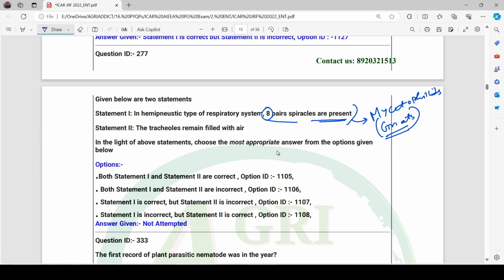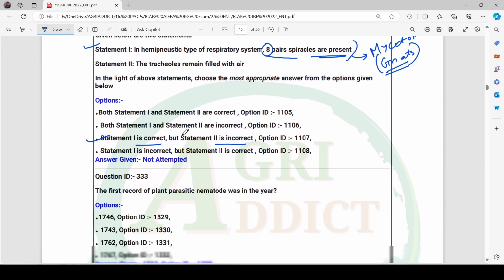They have the hemipneustic type of respiratory system and it is correct. Then statement 2 is tracheoles remain filled with air. No, it is incorrect. So statement 1 is correct, but statement 2 is incorrect, is the correct answer. It doesn't remain filled with air.